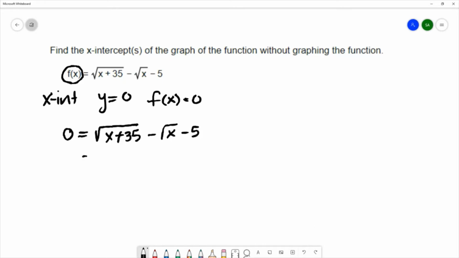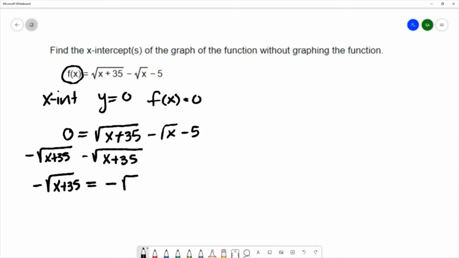So I'm going to subtract square root of x plus 35 on both sides. Just a little less messy. Negative square root of x plus 35 equals negative square root of x minus 5. I'm going to go ahead and get rid of all those negatives. If you multiply a -1 on both sides, that turns into square root of x plus 35 equals square root of x plus 5.